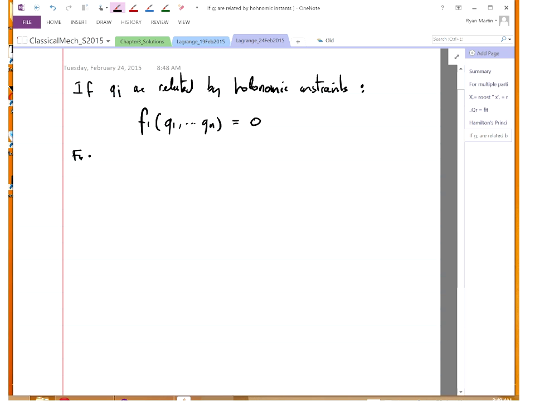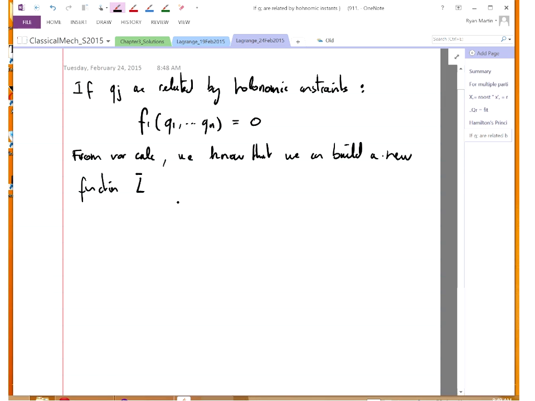So from variational calculus, we know that we can build a new function L bar and treat all the Qj's as independent.